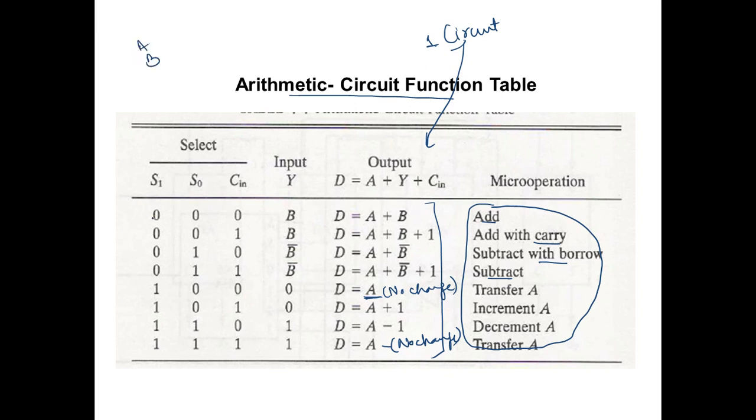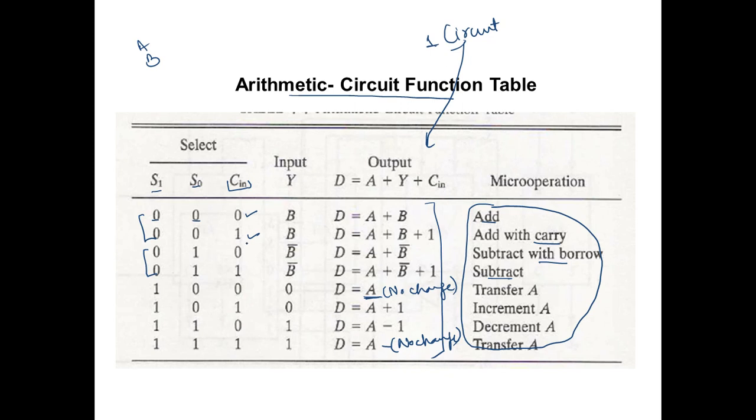So for that we are considering only these two selection lines, but this is the C in, meaning any previous output carry. Now if this is 0, 0, the previous output carry can be 0 or 1. So that's why for these two cases, the value is 0 and 1. I can't determine at this point of time which value I am getting.